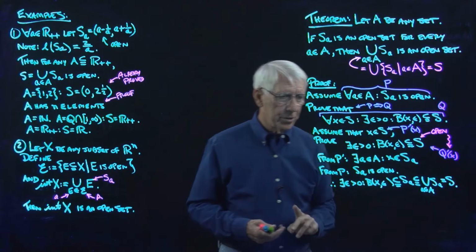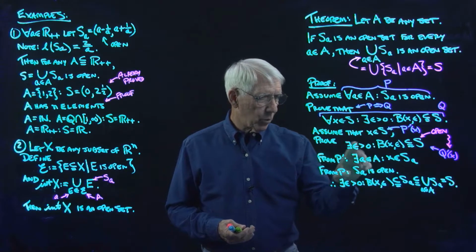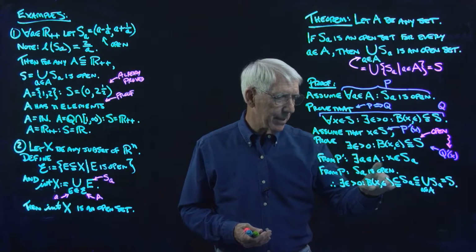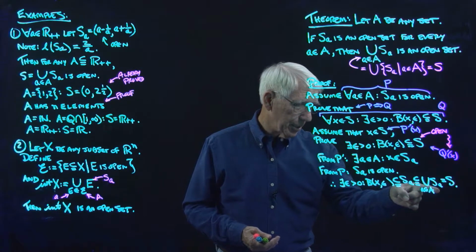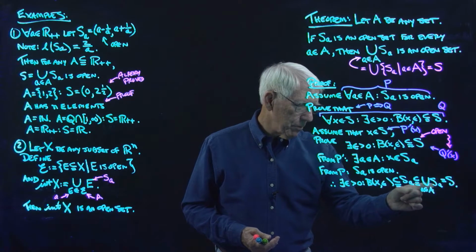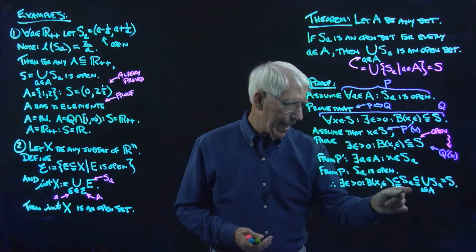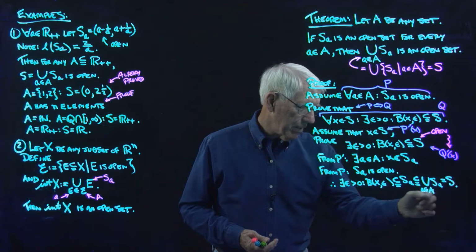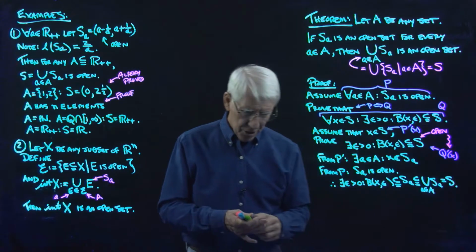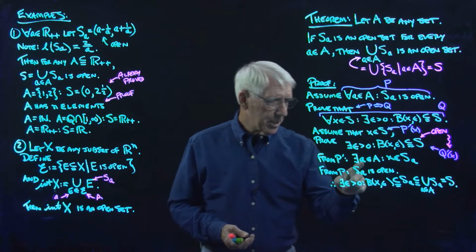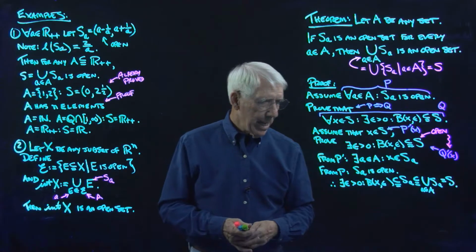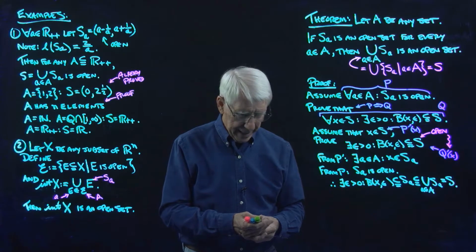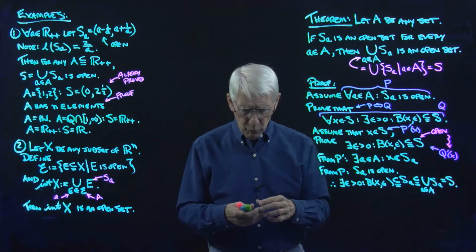So what I really want to do is be a little more careful here where I said there exists some A that's in A. This is correct, but then when I get down to using this here, I've got a little bit of confusion between this particular A and this A, which is a kind of a dummy variable or an index here. So what I want to do is say there exists an A in A such that X is in S sub A, and so let's say that I could do that in a number of ways.